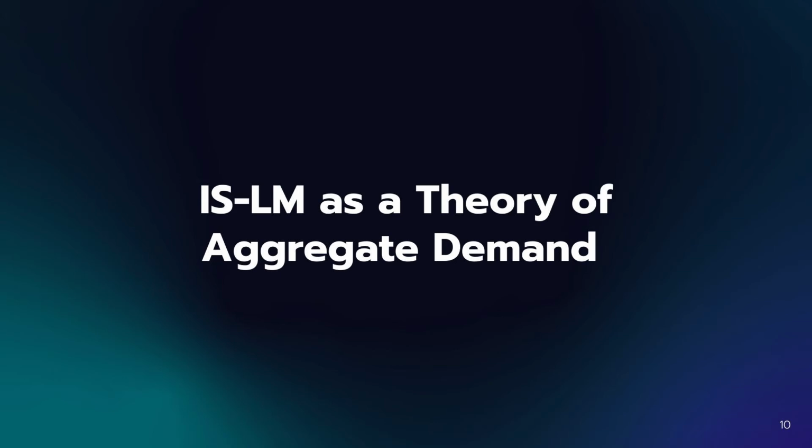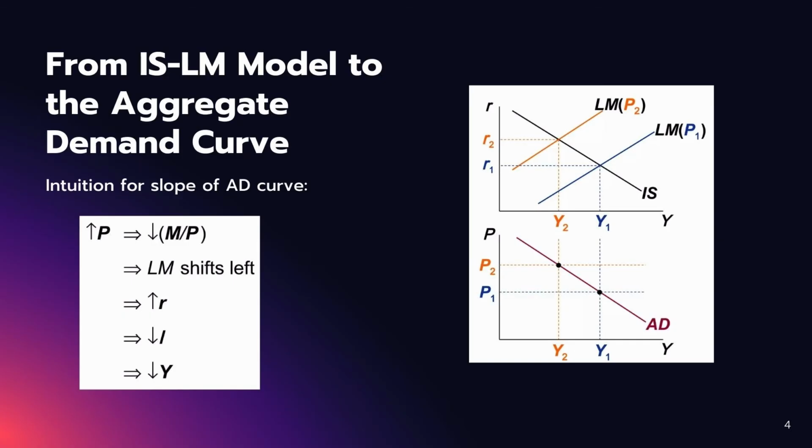IS-LM is a theory of aggregate demand. After assuming the fixed price level, to see how the IS-LM model can fit the AD-AS model, we need to allow a change in price level. And then from the IS-LM model to the aggregate demand curve, recall that for a given money supply, a higher price level implies lower income along the same aggregate demand curve.